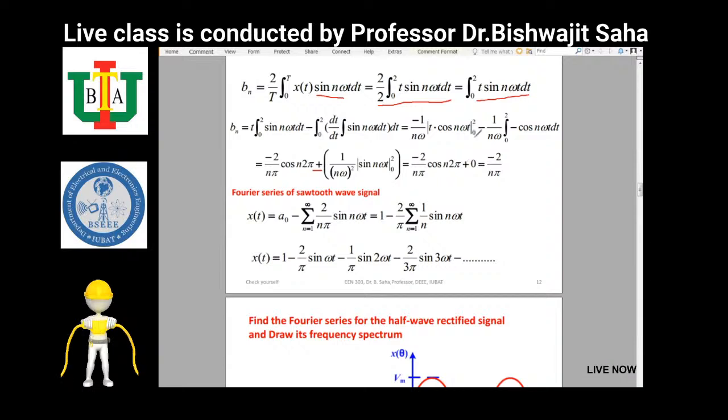Look at minus 1 over n omega, t value is 2, cos 2 n omega. Here, putting 2, so 2 n omega.